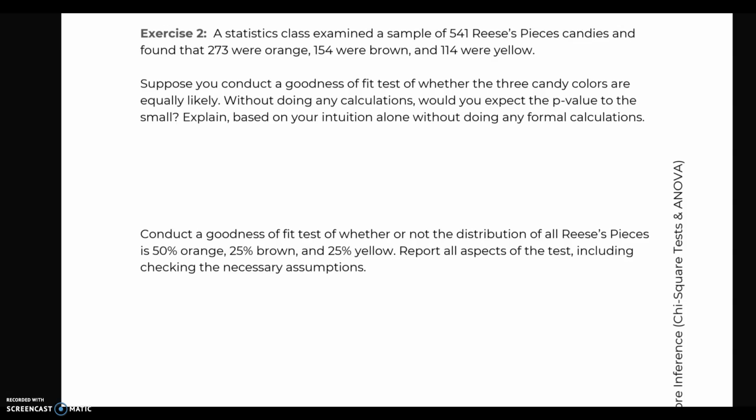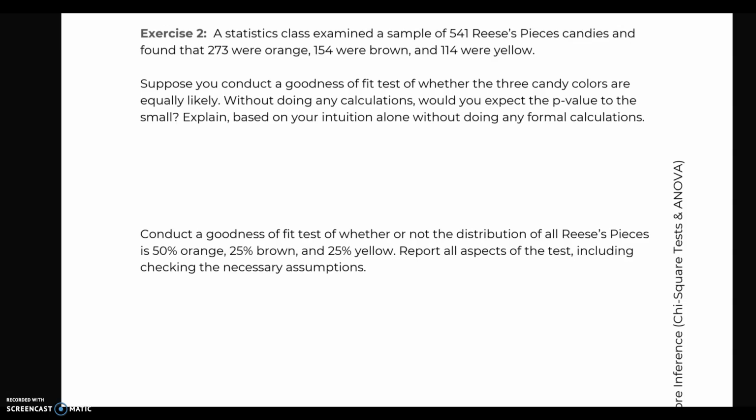And without doing any calculations, what do you expect from the p-value? Do you expect it to be small? What do you expect from the chi-square test statistic? And so what's your intuition by looking at it? Well, in our previous example, we looked at the number of days, and they were all pretty similar, but we can see pretty big differences between the number of orange, brown, and yellow.